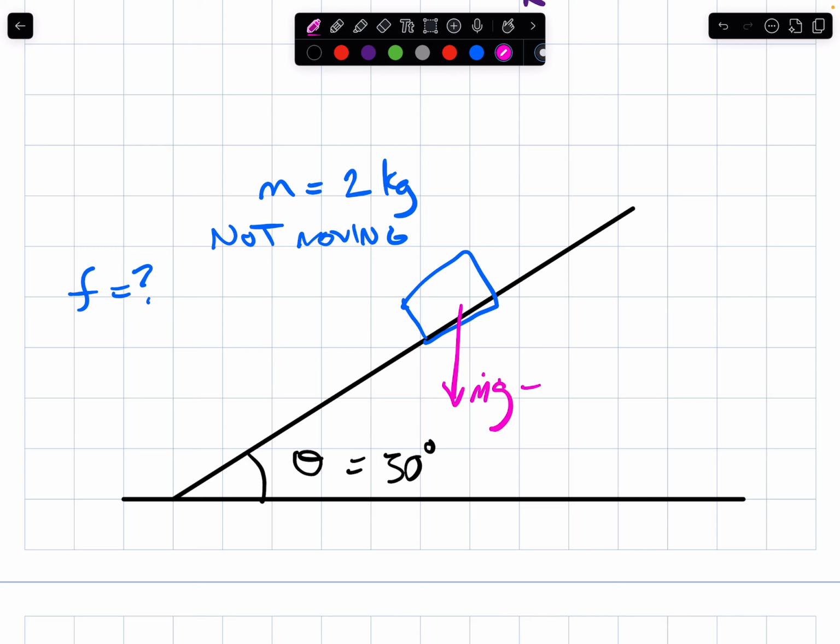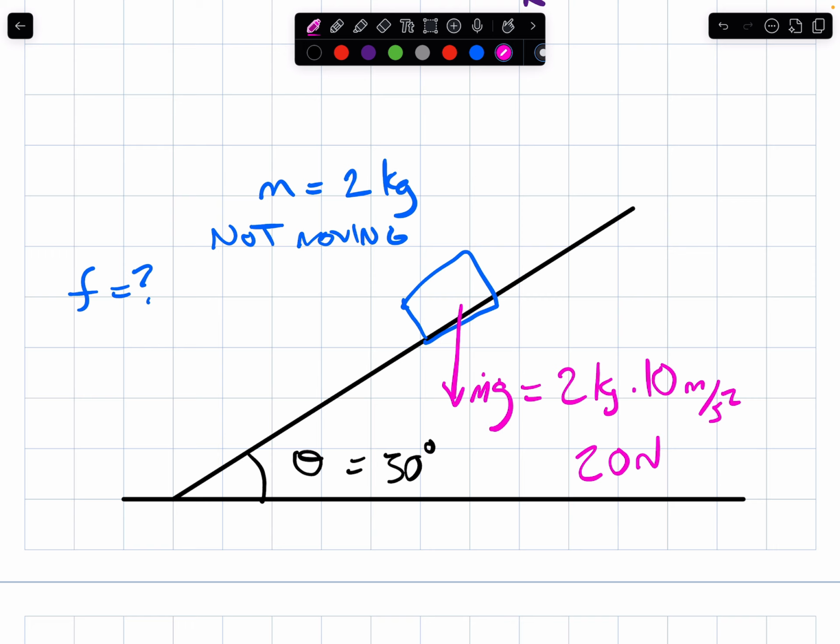So 2 kilograms times 10 meters per second squared. 2 times 10 is 20, and a kilogram meter per second squared is a newton. So there's 20 newtons acting down on it. That's the gravitational force between the box and the earth.